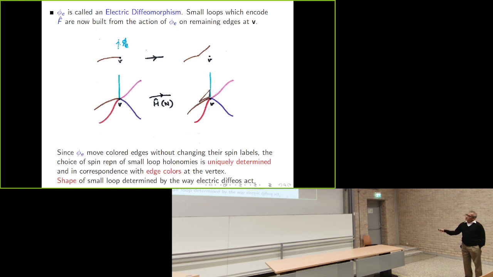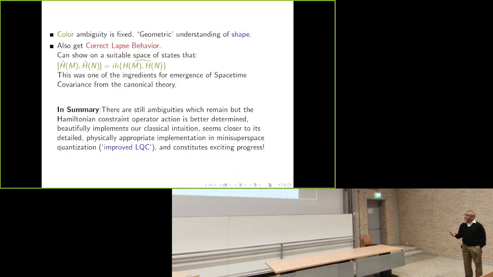So what has happened is that the labeling ambiguity, whether it was j equal to half, 1, 2, is now gone. The labeling is just attuned to the particular edges of the graph, which are already existing, what their colors are, and then the shape of the small loop is really determined by the way these electric diffeomorphisms act. Okay, so that's what I've said again.